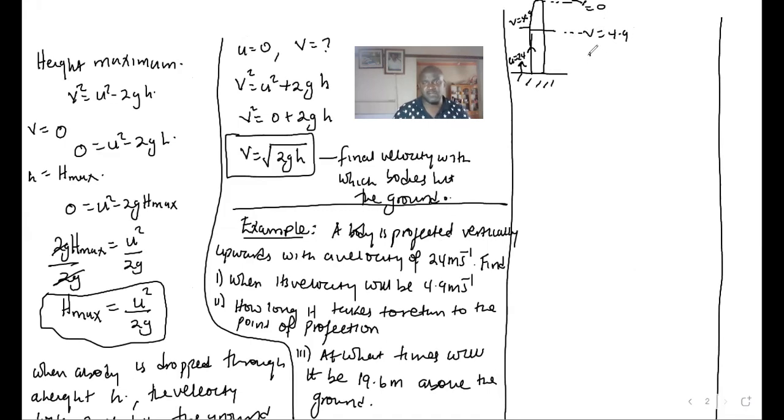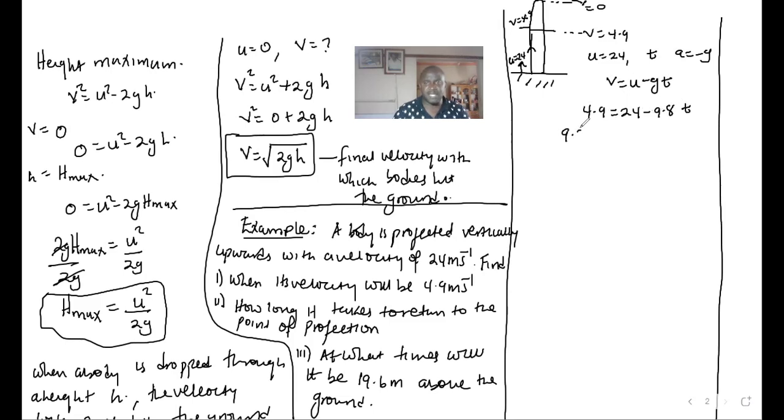So we have the initial velocity as 24. They're asking for the time. Acceleration is negative g. From v is equal to u minus gt, we shall have 4.9 is equal to 24 minus 9.8 times time.